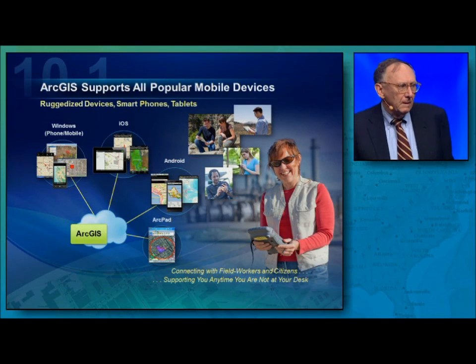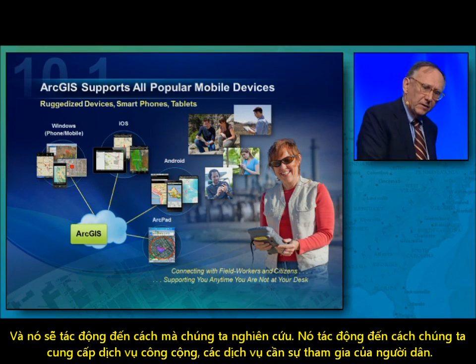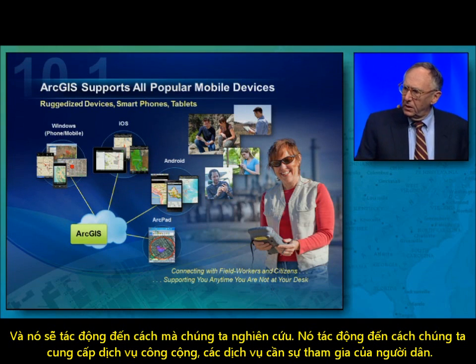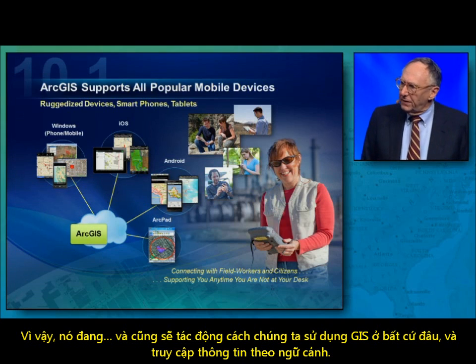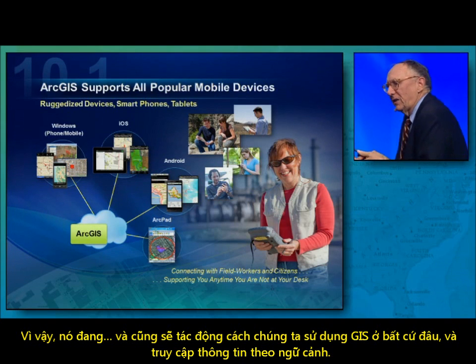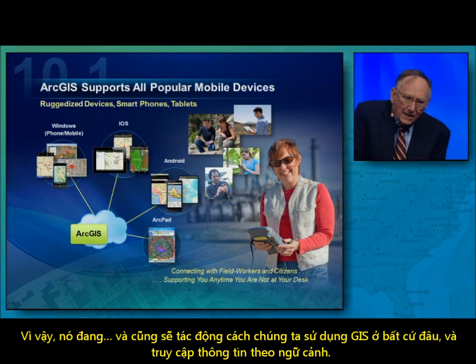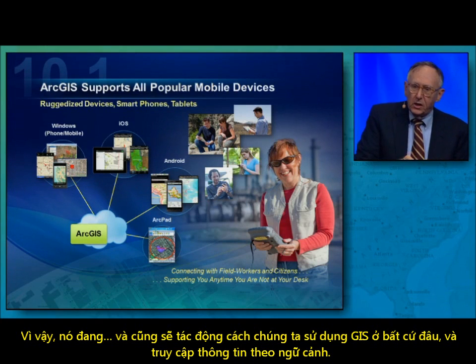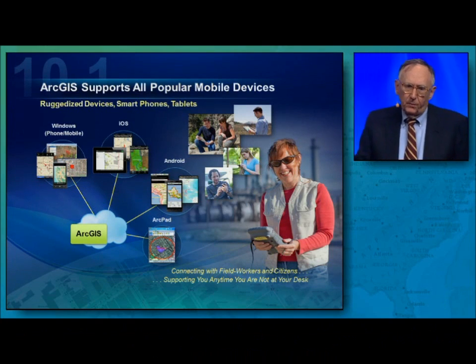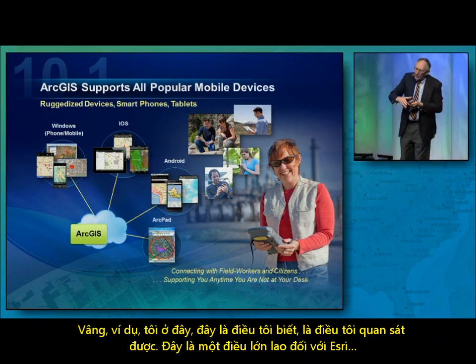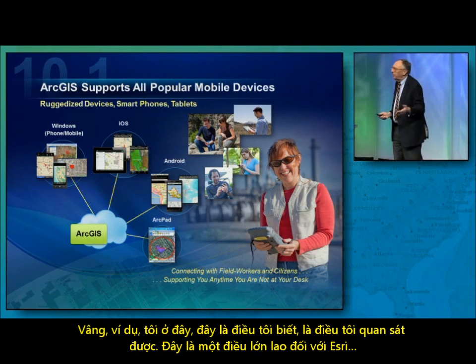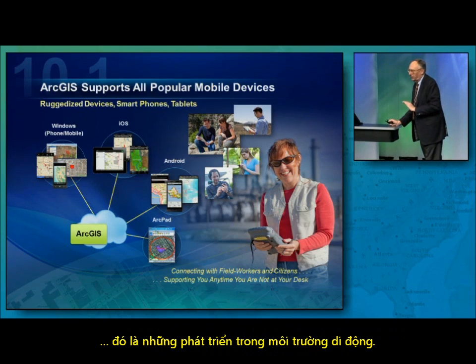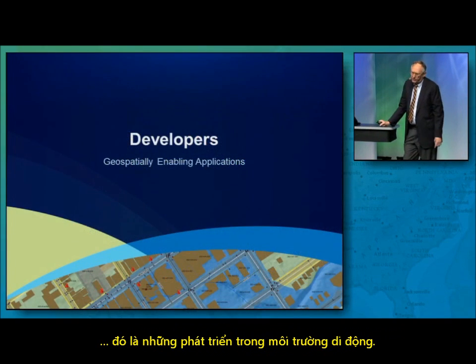And this will affect how we do science. This is affecting how we do public service, how we do citizen engagement. And also it'll affect us being able to take our GIS with us wherever we're at and access knowledge in context. So I'm here, this is what I can get, and here's my observation. So this is a big thing for Esri, is the mobile environment developments.